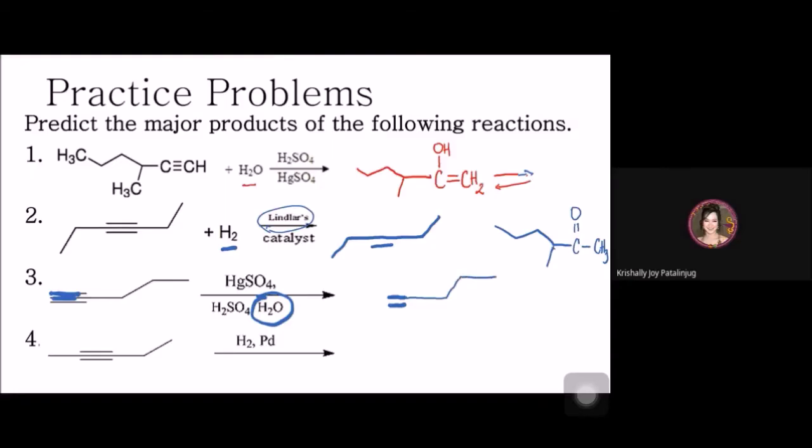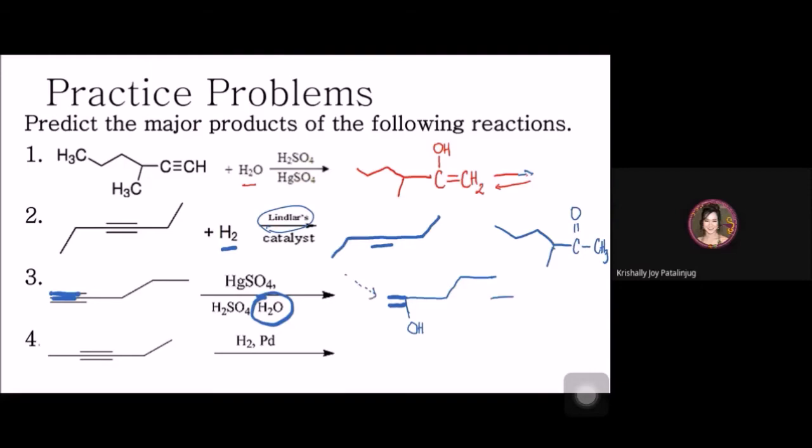Then the OH, following Markovnikov's rule. Again, the hydrogen here is just imaginary for skeletal structure. The hydrogen is actually added in this carbon.